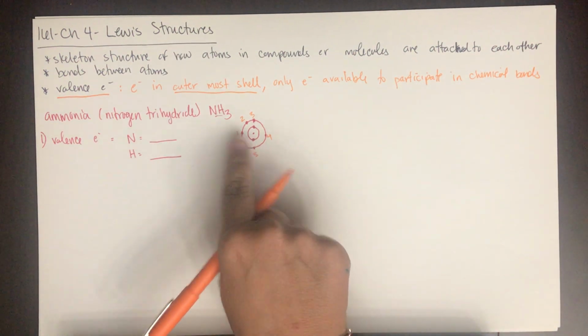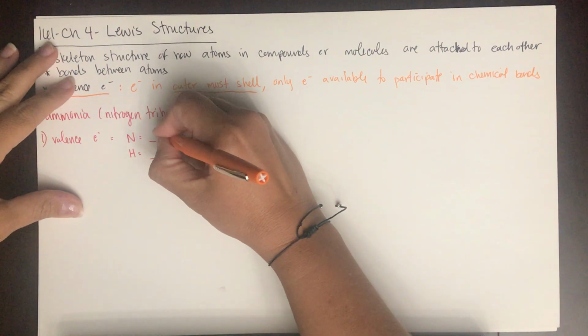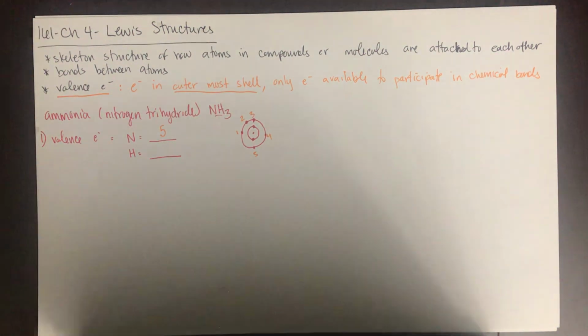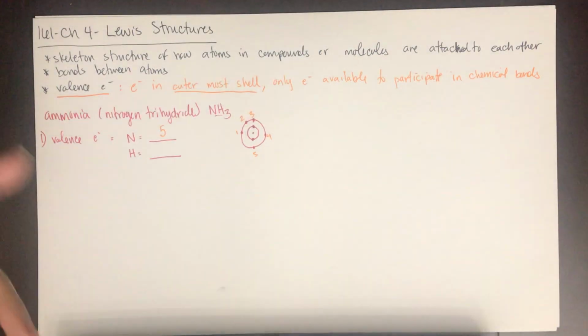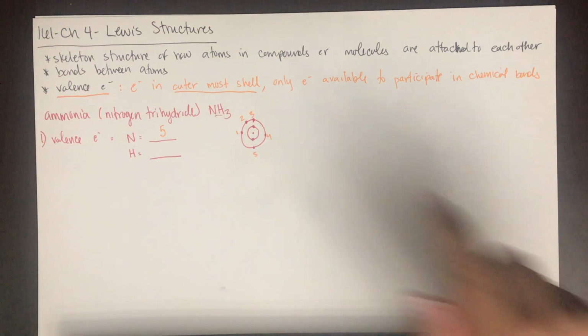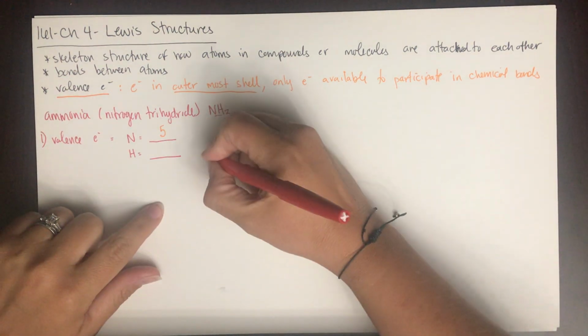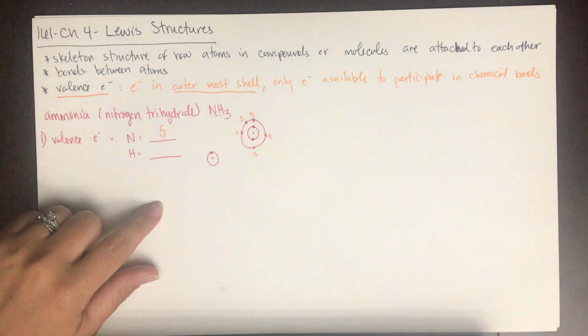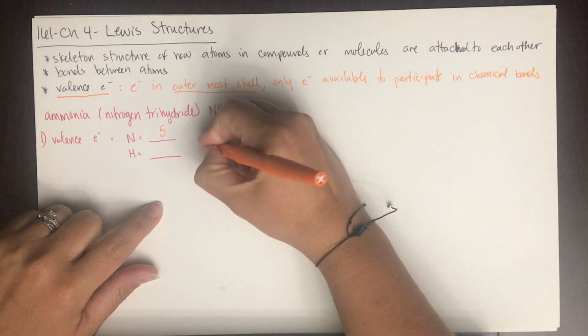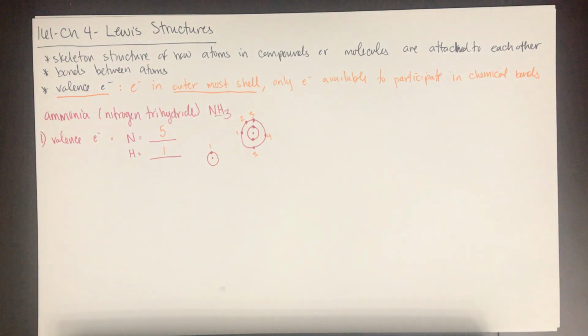So the valence electrons for nitrogen is 5. Hydrogen is number 1. Hydrogen just has 1 electron, and it's in its outermost shell. So it has 1 valence electron.